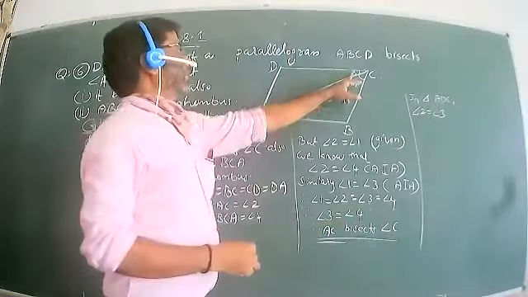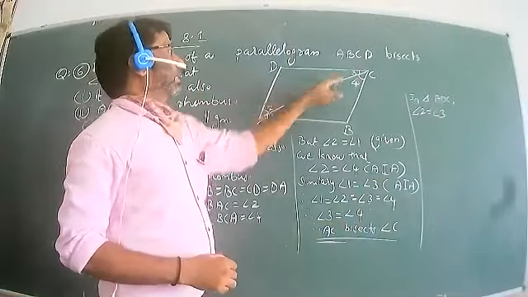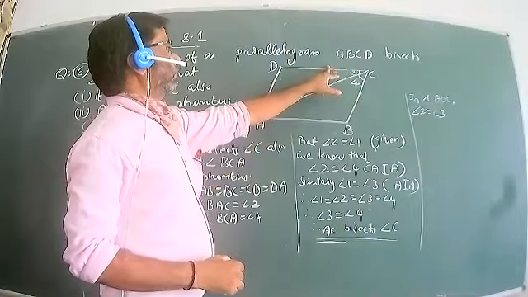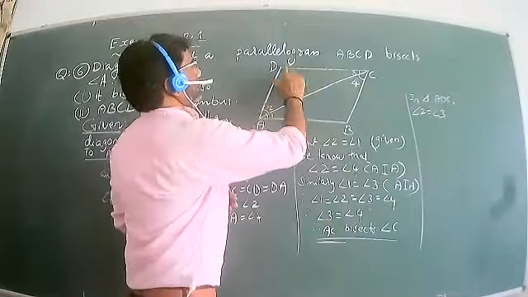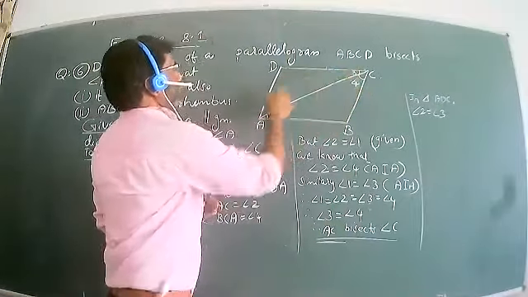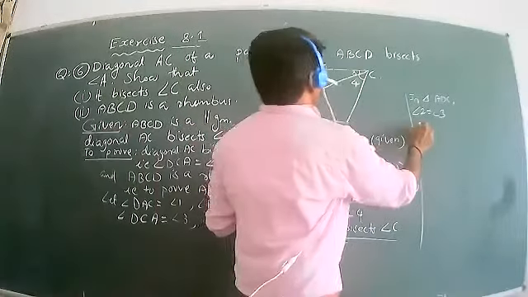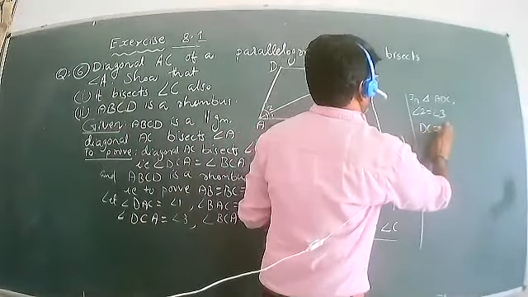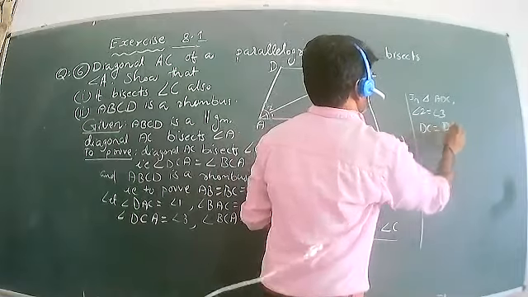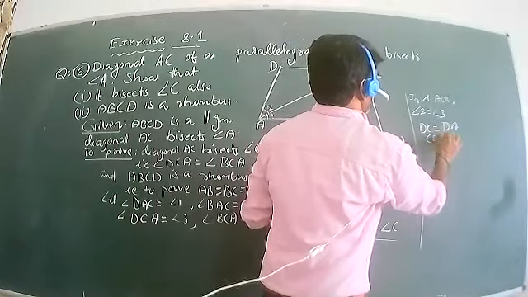Angle 2 and angle 3 are equal. So two base angles are equal. So the sides opposite to them also will be equal. Opposite to angle 2 is DC. Opposite to angle 3 is AD. Therefore, DC is equal to AD or DA. Reason is that sides opposite to equal angles are equal.